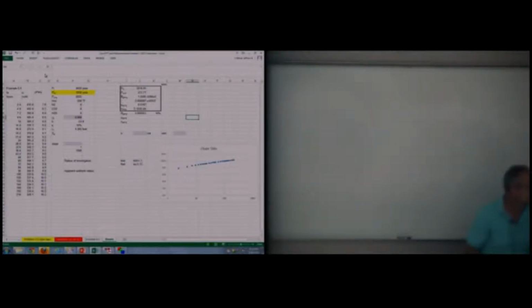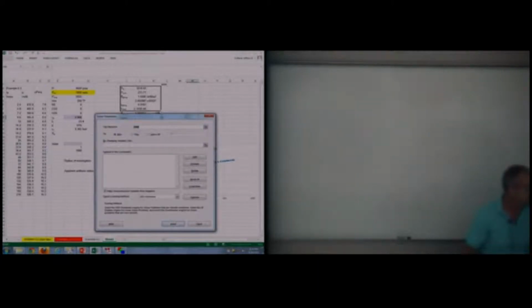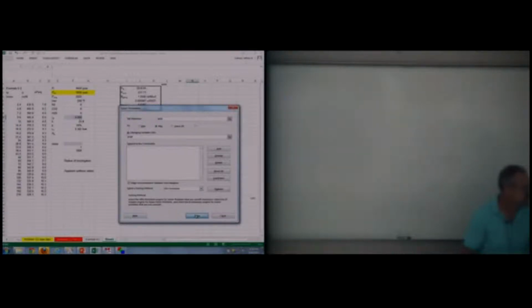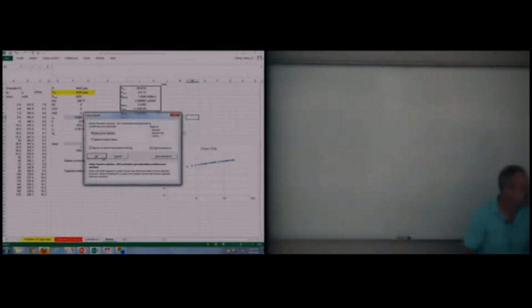There we go. But what's happened with my dialog box up here? Oh, I've got to go back to Home, back to Data, Solver. Set this to minimize by changing my gas gravity. That didn't work.